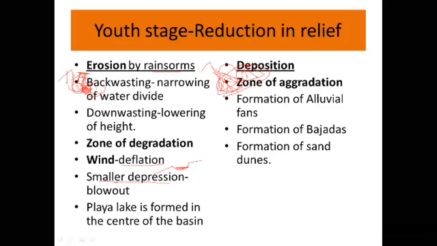In some regions the winds also carry sand particles and deposit them, forming sand dunes. That's how reduction of relief happens in the youth stage.